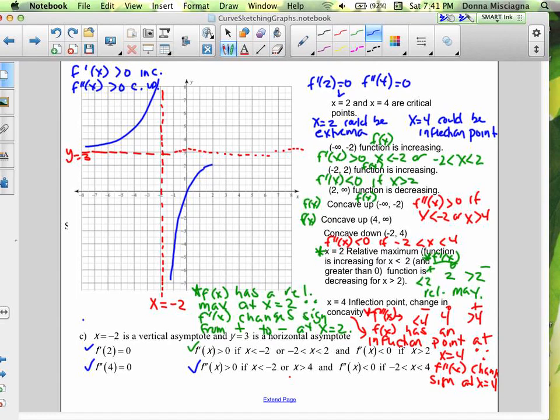All I've got to do is get that inflection point in the right spot.